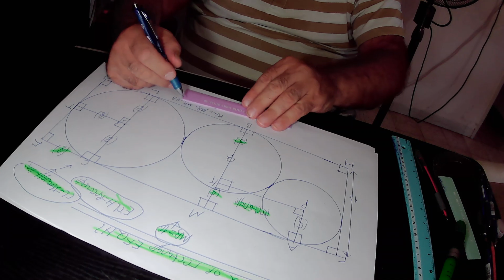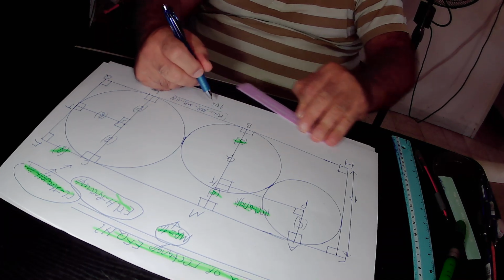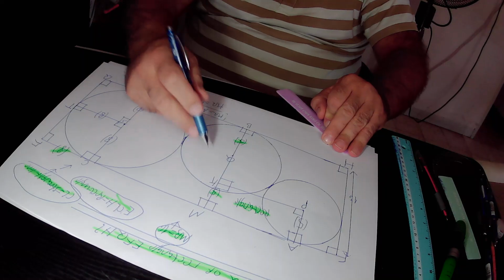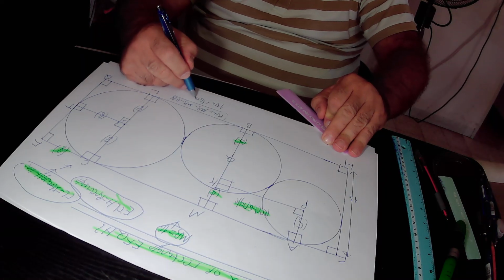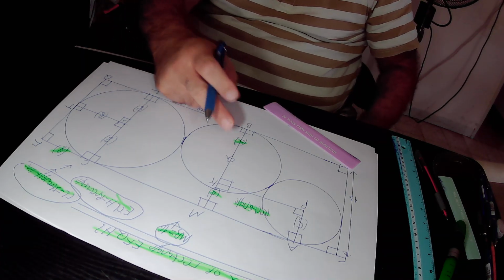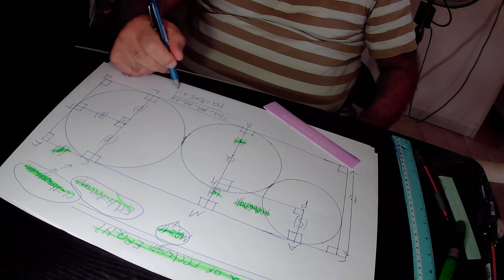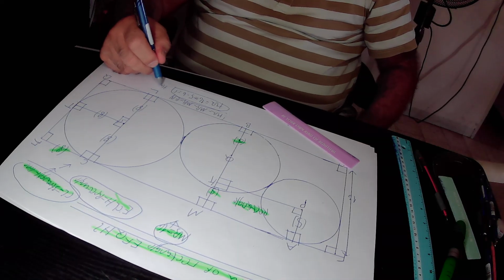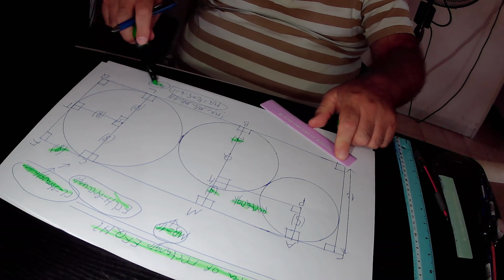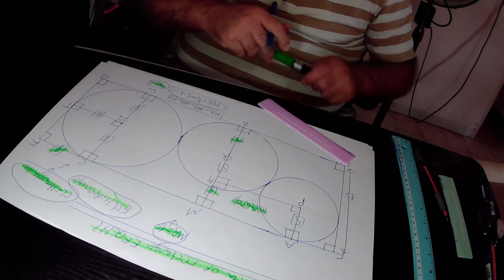So KQ in total equals MB is 16, minus MK is 5. 16 minus 5 is 11, minus QB is 6, and 11 minus 6 is 5. So we found out that the missing line segment KQ is equal to 5 units in its length.